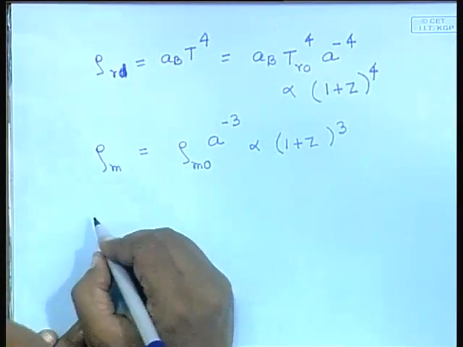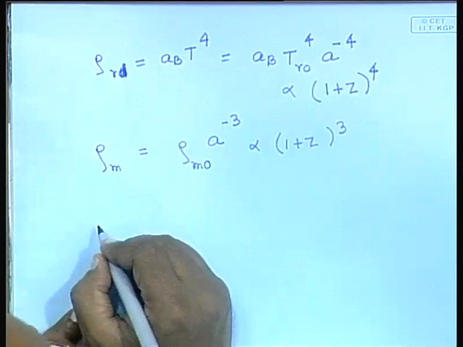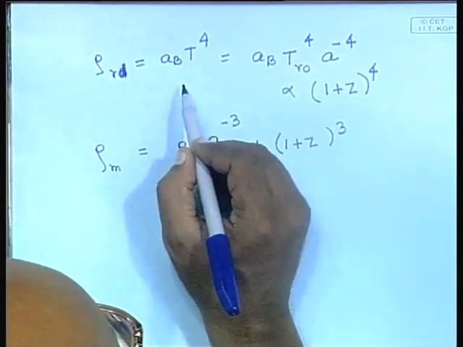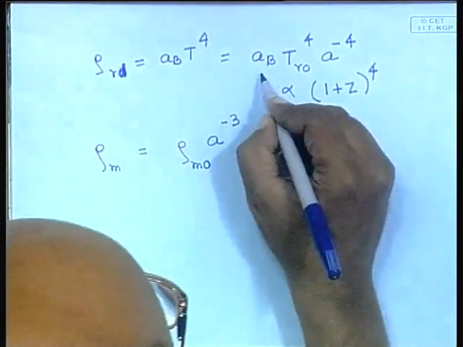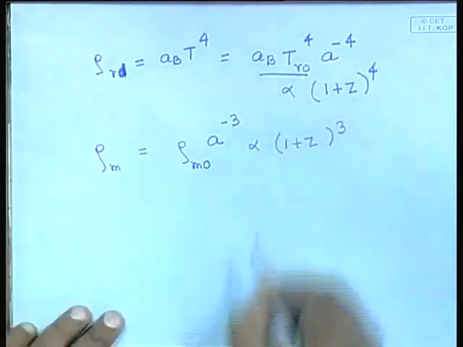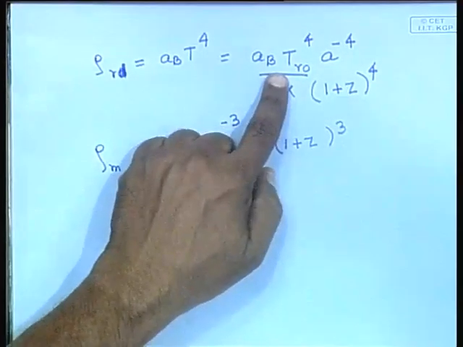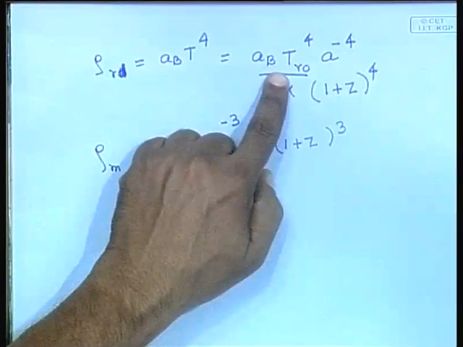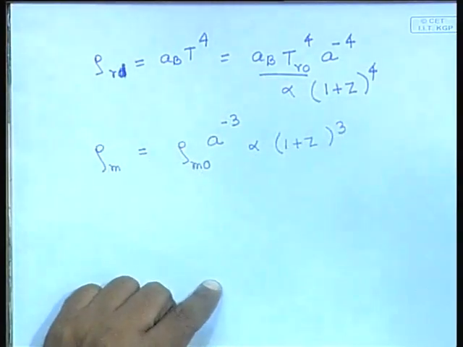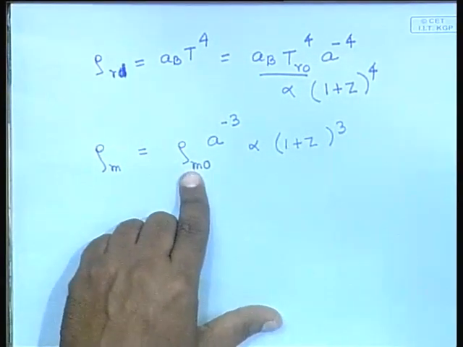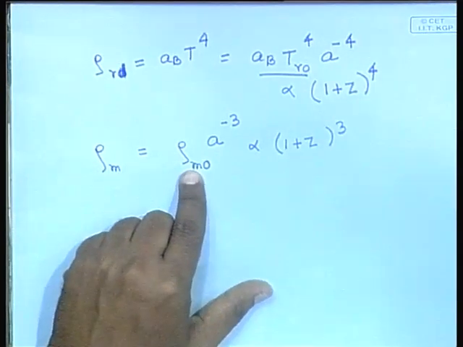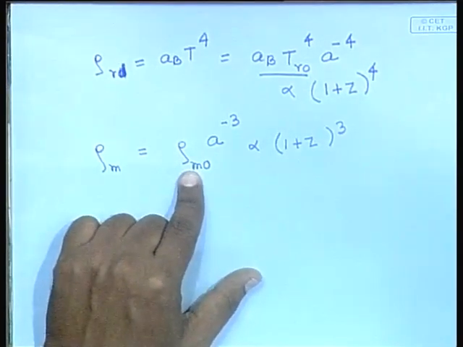Now, at present this number has a value of the order of unity, somewhere around 0.3, while the radiation term has a value of the order of 2 into 10 to the power minus 5 h to the power minus 2.